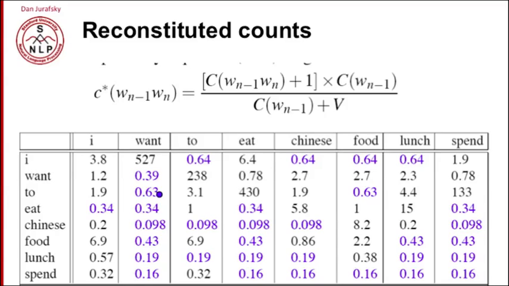And we ask, what do those reconstituted counts look like? How much has our add-one smoothing changed our probabilities? So here are the reconstituted counts. So we have I is followed by want 527 times, or Chinese is followed by food 8.2 times. These are reconstituted counts. And let's compare them to the original counts.